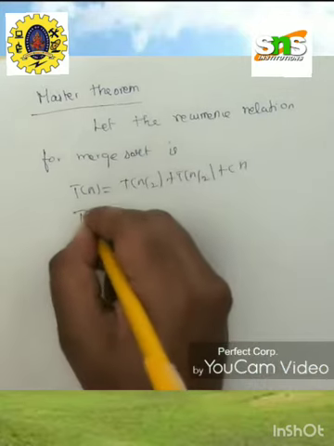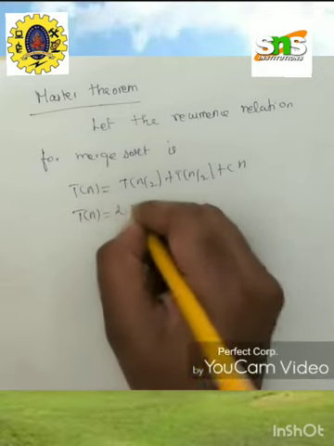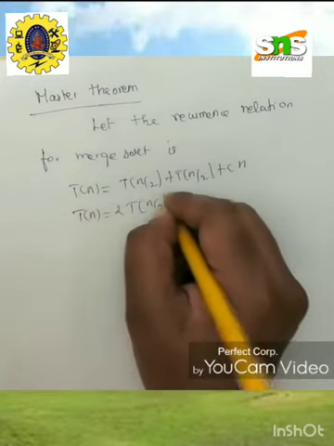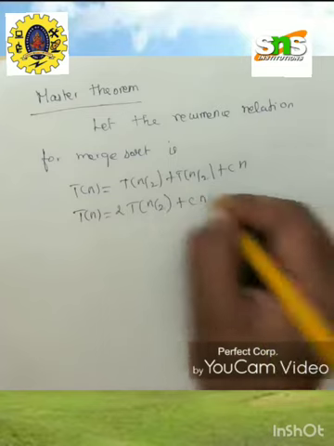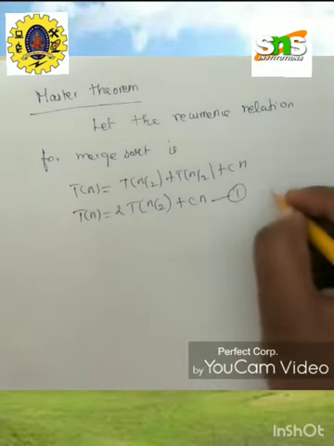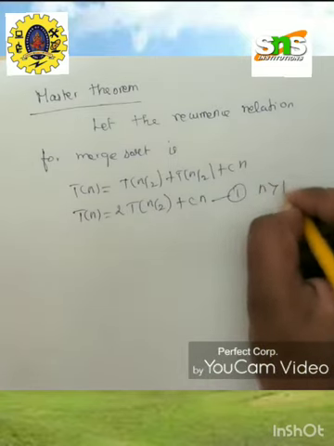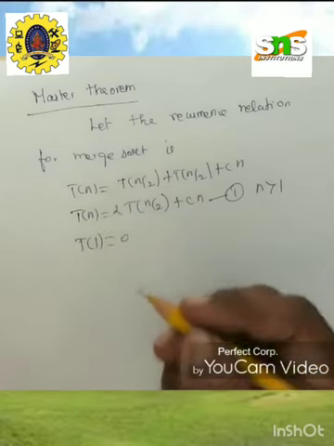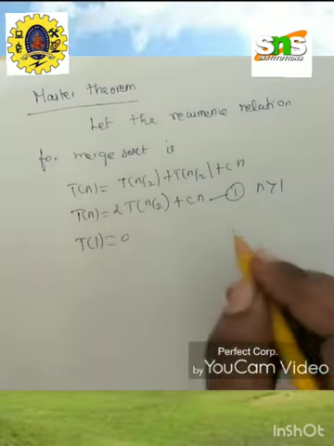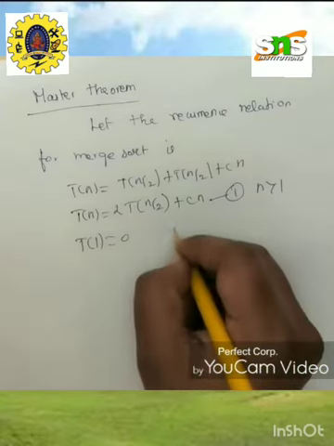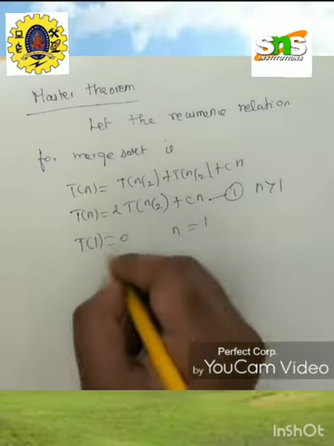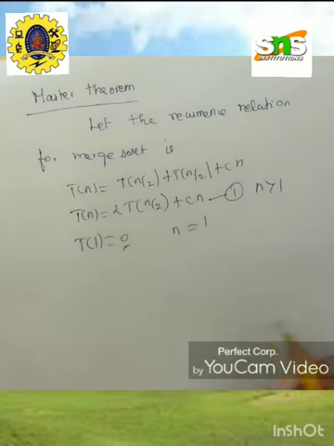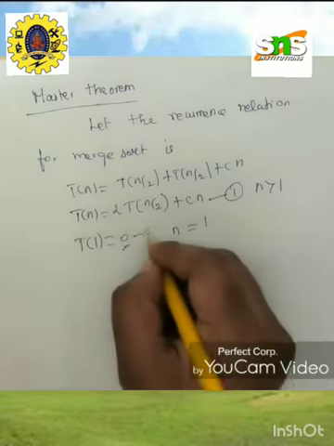Simplify this: T of n equal to 2 into T of n by 2 plus Cn. Make this equation 1, for n greater than 1, and another one, T of 1 equal to 0 if there is only one element, no need to perform sorting. This is for n equal to 1, no operation performed. So T of 1 is equal to 0. This will be equation 2.